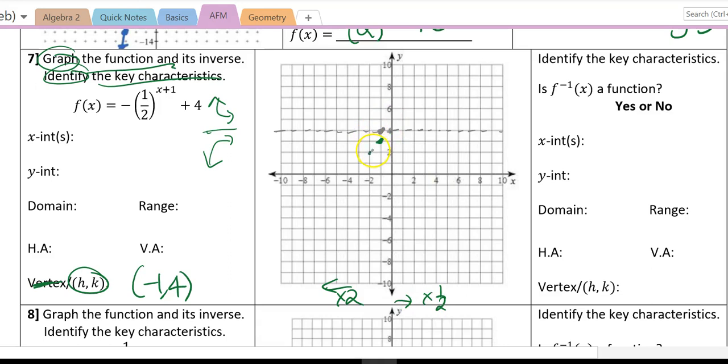So this height of 1 becomes a height of 2, then a height of 4, 5, 6, 7, 8, and we can't get the rest of that in there. So go ahead, and that would be a 1/2 right there, which would help us with our y-intercept. So our x-intercept is -3, and the y-intercept is 0, 1.